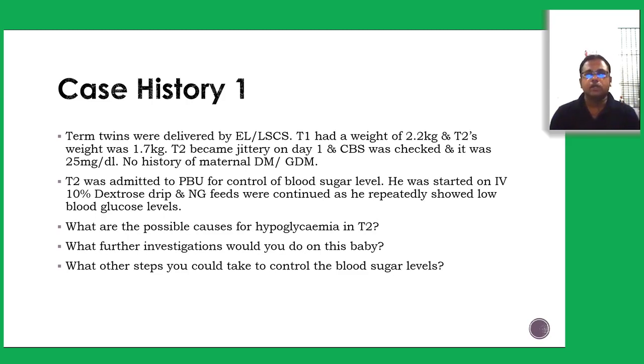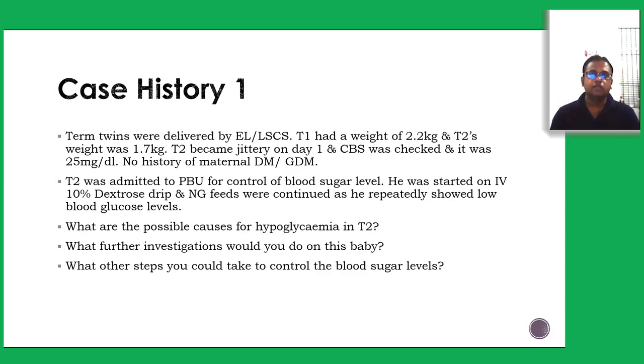We have to send a sample to the lab, but we should not delay the treatment of that child, especially if the child is symptomatic. We have to treat them, but it's very important to confirm that low blood sugar reading we got from the glucometer with the lab value.